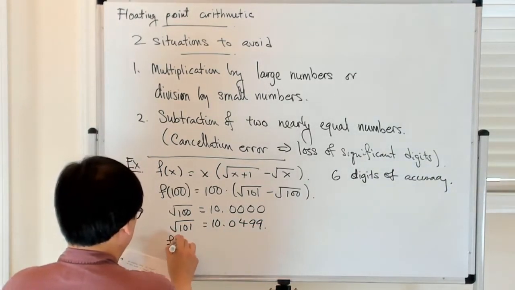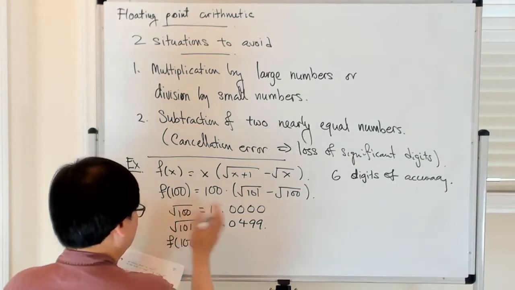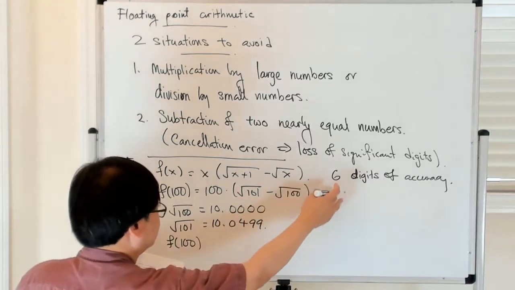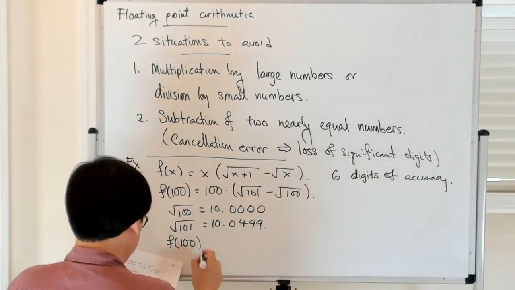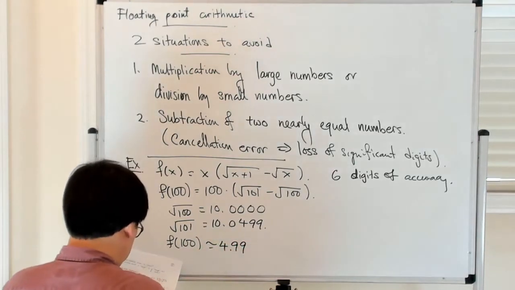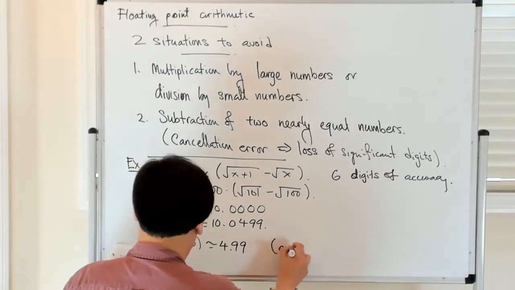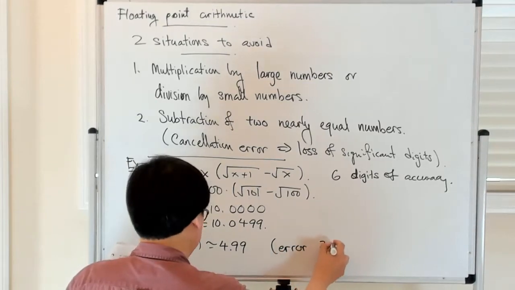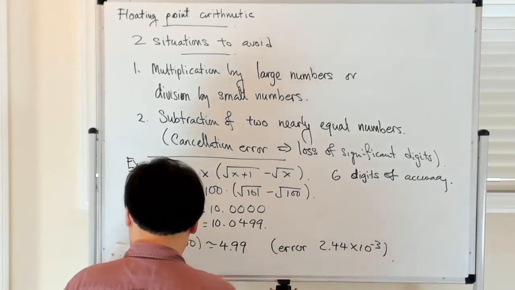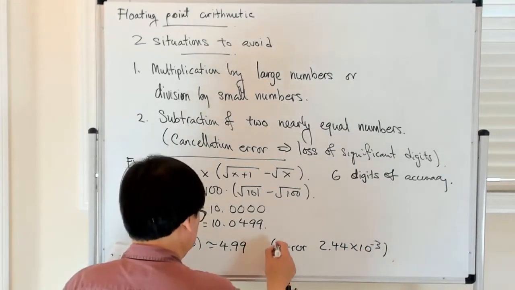So f of 100, when at every operation you only retain 6 digits of accuracy, is going to look like 4.99. So you have an error here of something like 2.44 times 10 to the minus 3. That's the absolute error.